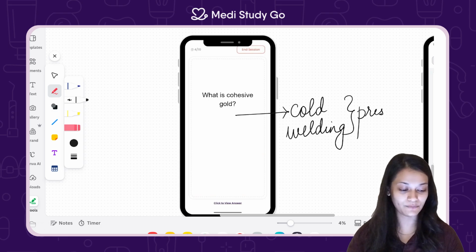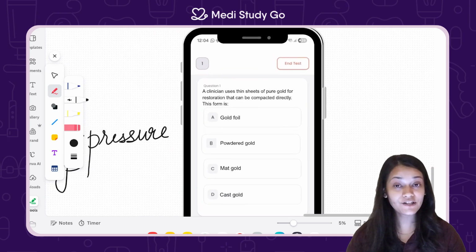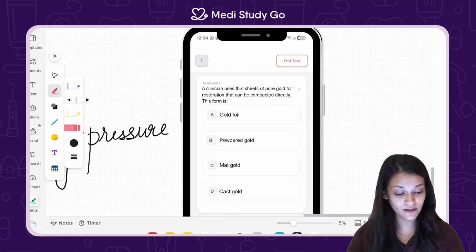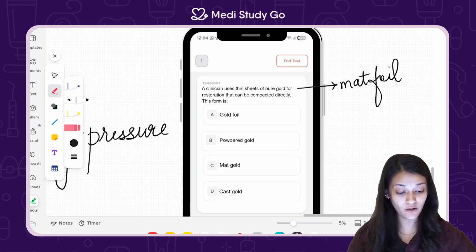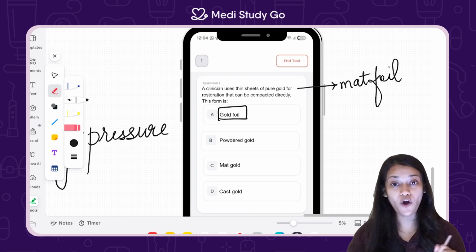This is nothing but my cohesive gold. A clinician uses a thin sheet. So I know thin sheet is matte foil, for restoration that can be compacted directly. This form is gold foil.